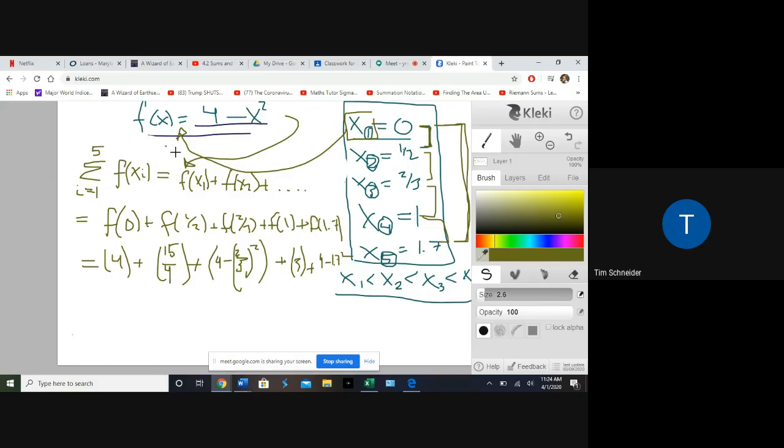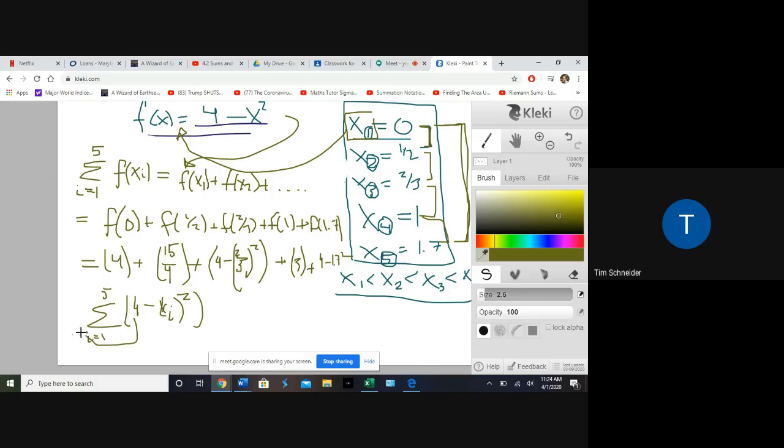Now, you might think, wait a second, can't we do our little summation tricks? Yes. What we're actually doing is 4 minus x sub i squared.